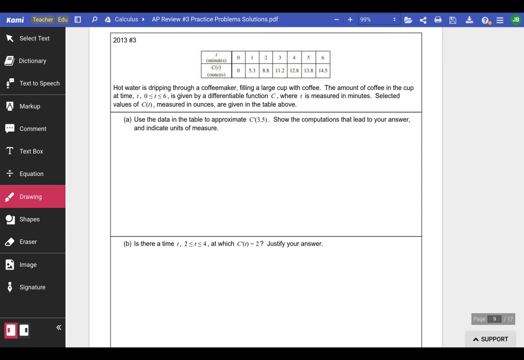If I'm looking at 3.5, I'm going to take the interval between 3 and 4. So we're going to compute here: C prime of 3.5 is approximately C of 4 minus C of 3 over 4 minus 3.